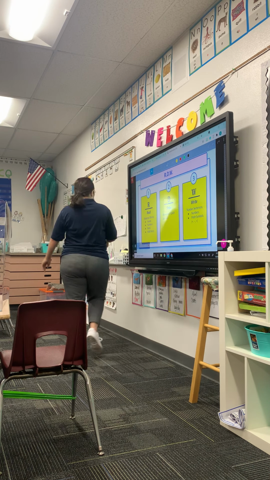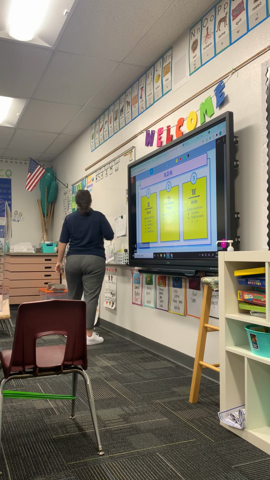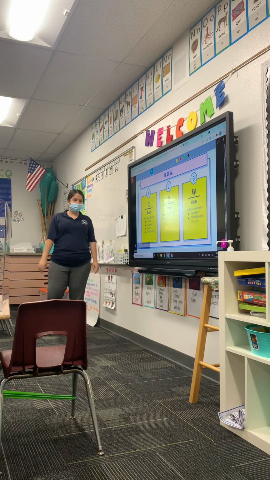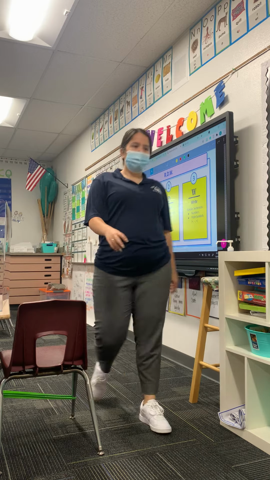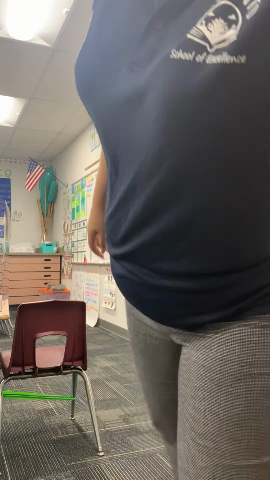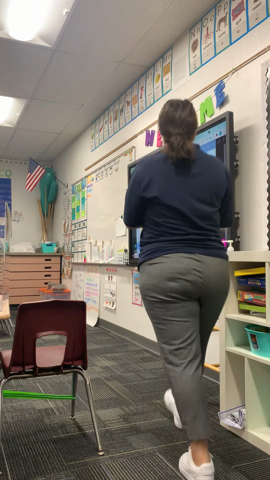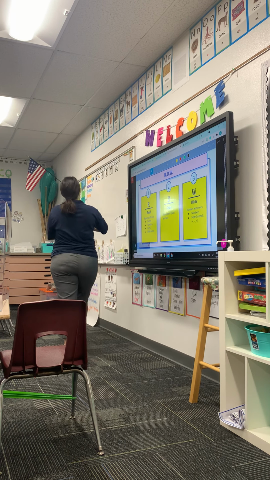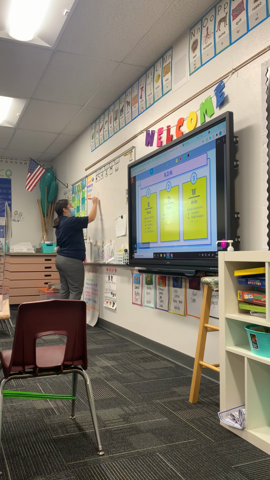How you have it is read, a tiny box, and then a super big box. In my big box, I'm going to write underline important words.